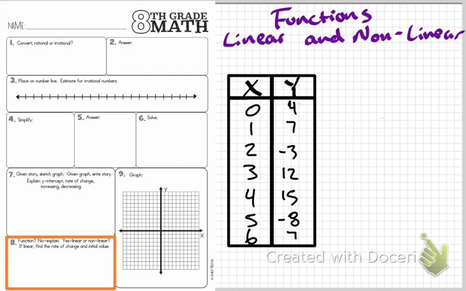I plussed 3 when I started, and then I minused 10, and then I plus 12, and then I plus 3 again, and then I minus 23, right? So it's really difficult to find or identify a pattern. And so this would not be a function because there's not a predictable relationship that's happening between the x value and the y value.